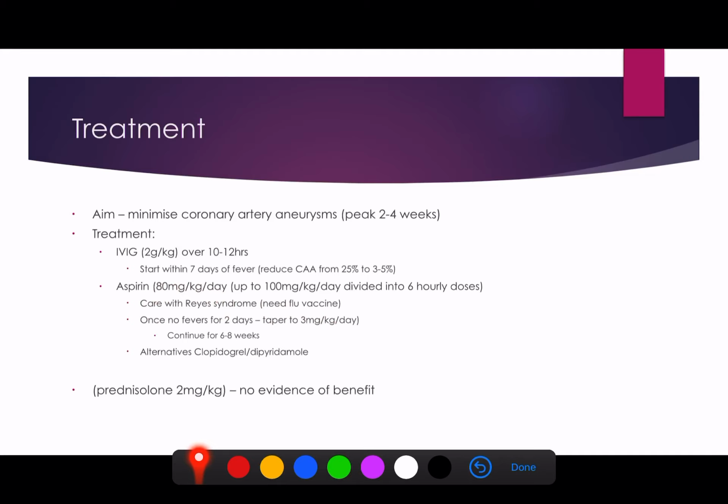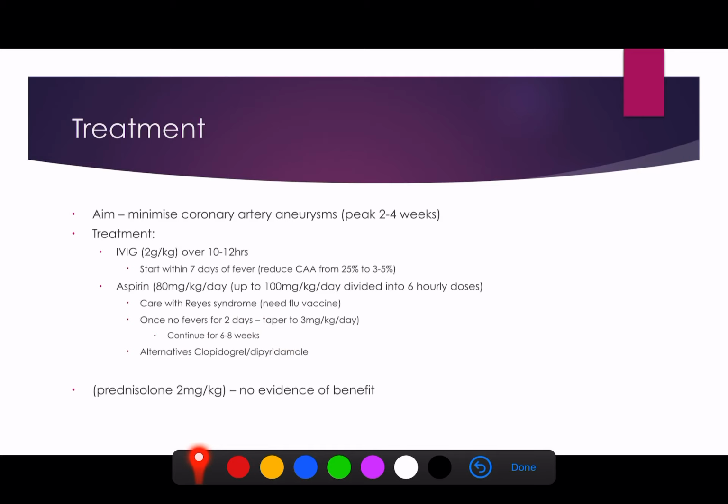And so if patients haven't had the influenza vaccine, it's important to give that to these patients, because it's when you give aspirin to children who have a concurrent influenza infection that the chances of Reye's become much higher.